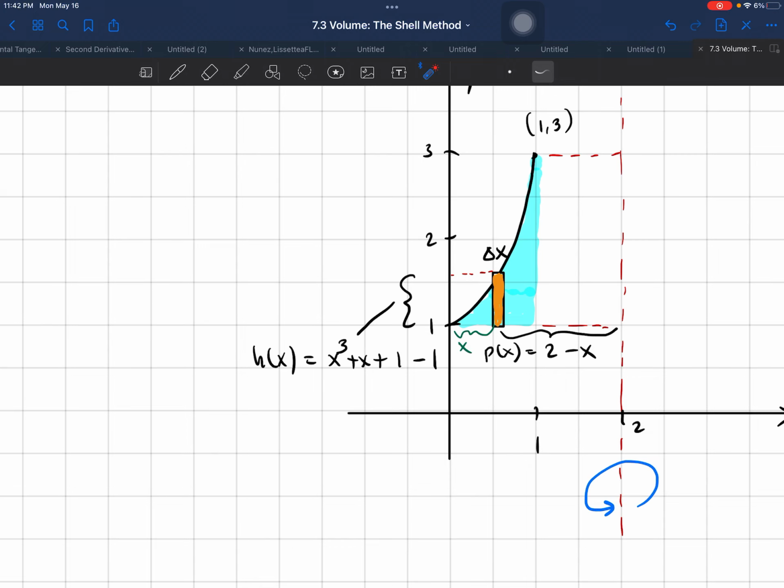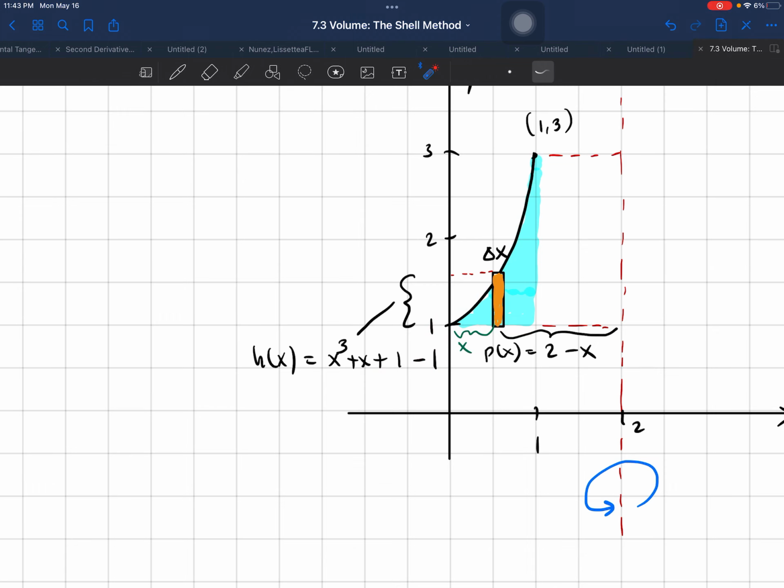So we're going to use the shell method in this case. Of course, you could have also used the other method, but here we're just going to go with the shell method. The rectangle is going to be parallel to the axis of rotation, and so the width of this rectangle is delta x. The height of the rectangle is going to be the given function minus 1.